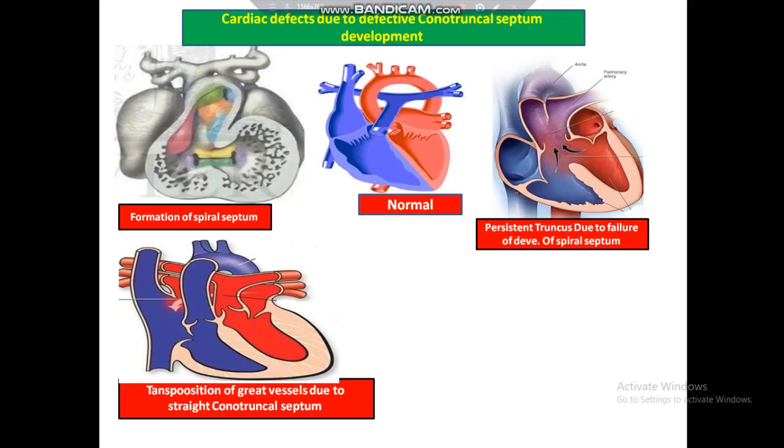Now, sometimes the septum formation does not occur in a spiral manner. There occurs a straight septal formation. If there is straight septal formation, there occurs transposition of the great vessels. That means the aorta arises from the right ventricle, and the pulmonary artery arises from the left ventricle.